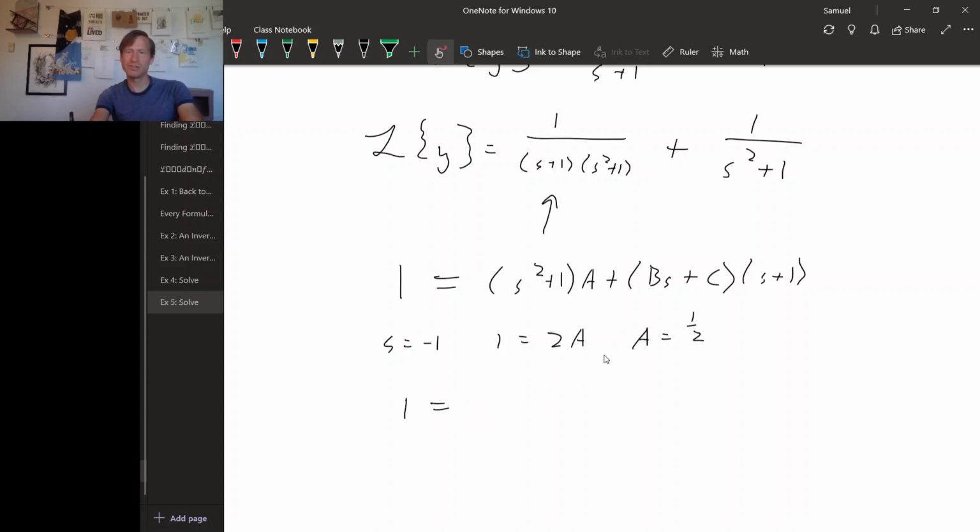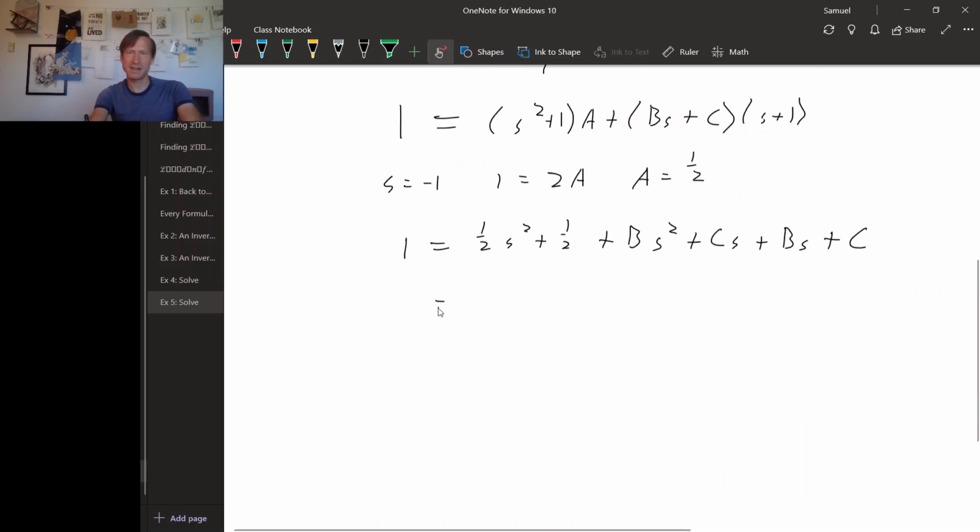Well, let's multiply everything out, I guess. 1 equals, a is a half, so we get 1 half s squared plus 1 half plus bs squared plus cs plus bs plus c.